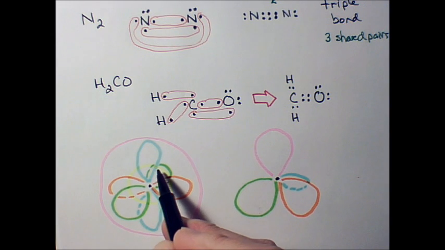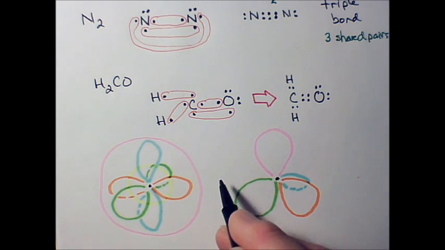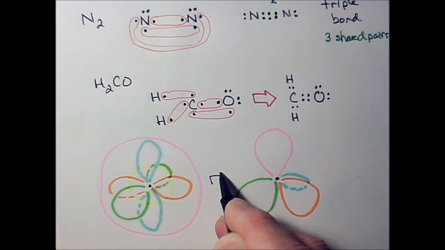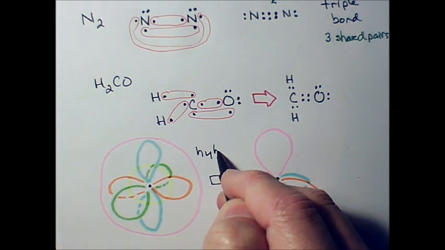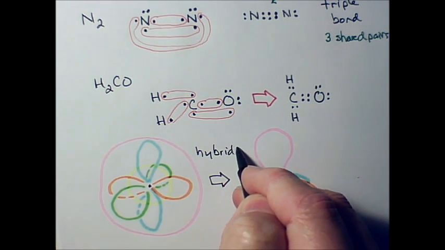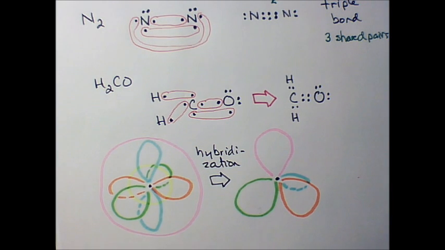Going from the original shape of the orbitals to this shape, this is called hybridization. We're hybridizing the orbitals so that bonding can take place.